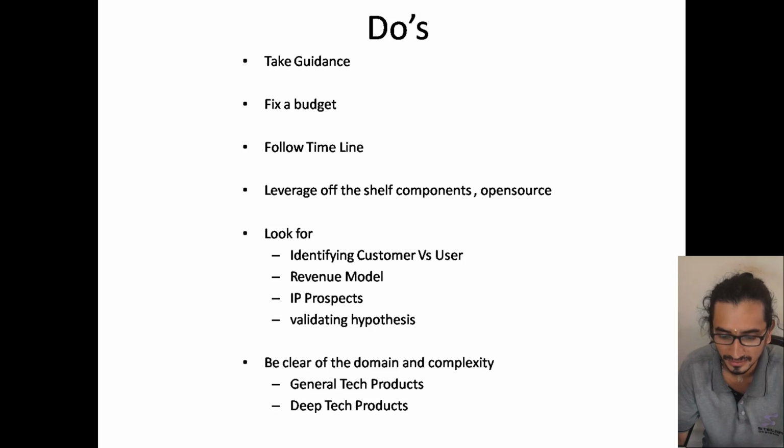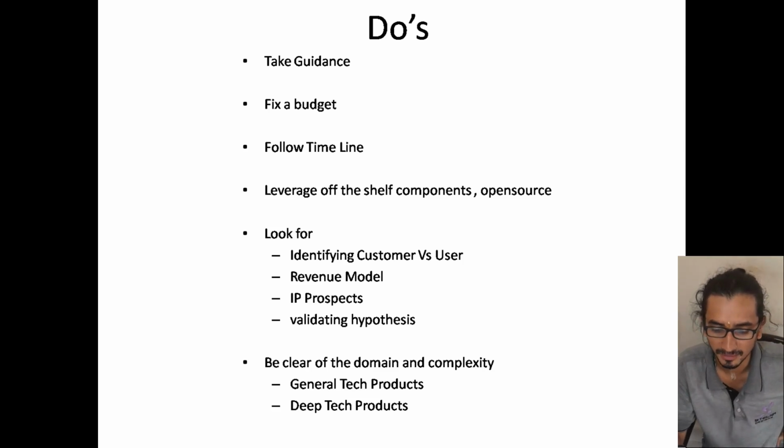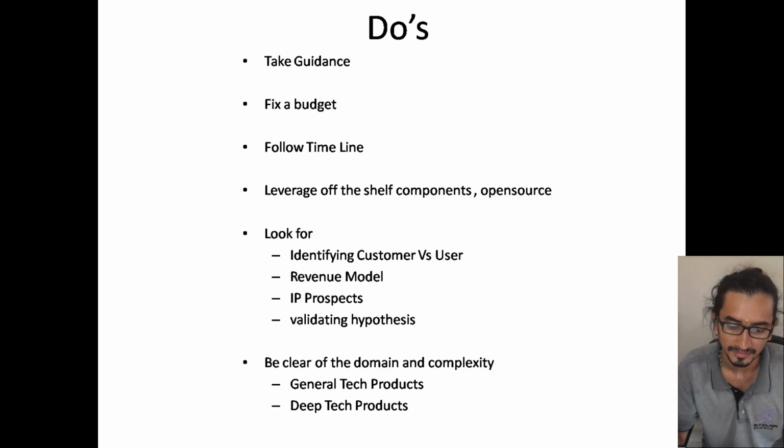And one of the things you have to look for while building an MVP is identifying or classifying between a customer and a user. Whatever you are building, as I was giving the example of a medical product, the user and customer can be different many times. If you are building something with respect to diagnosis, like diagnosing the body, diagnosing a specific disease, I'm not speaking about these sugar machines or these wearables which track so many aspects of the body.